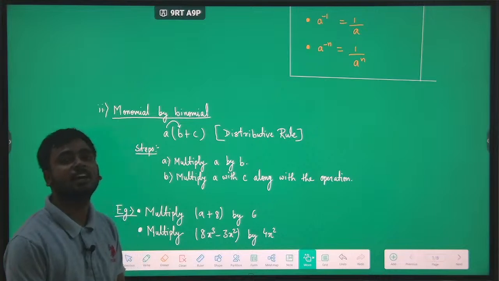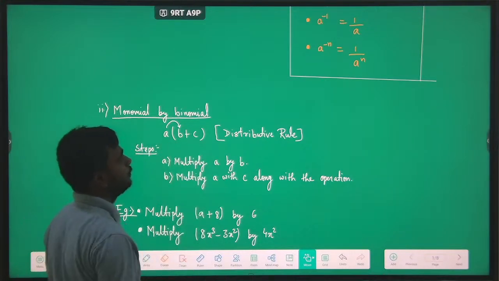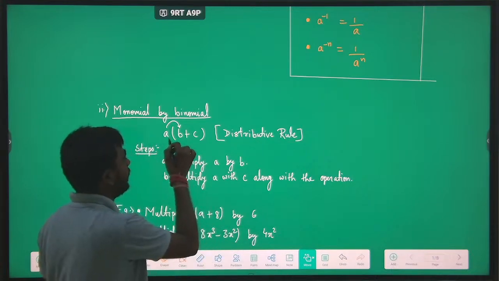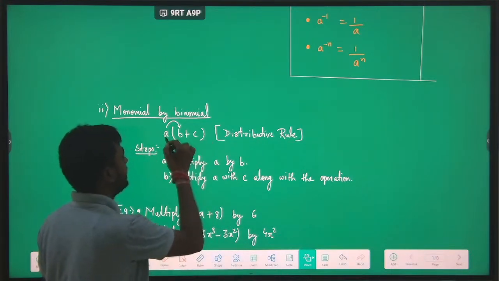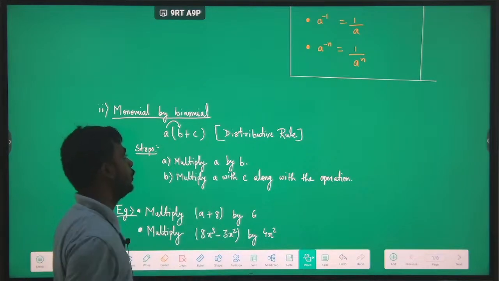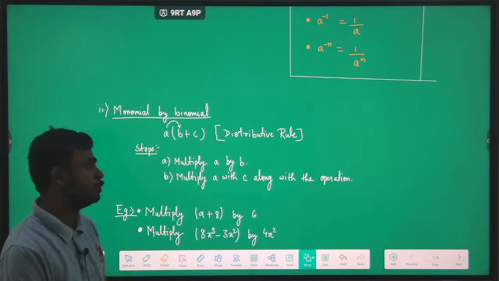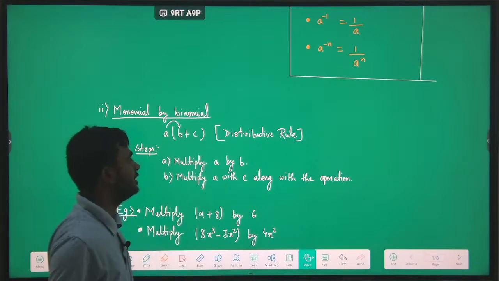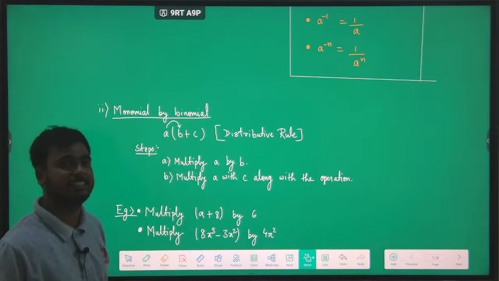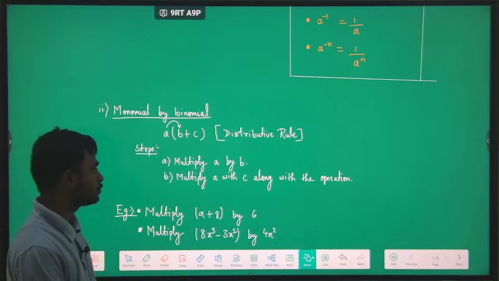We have studied it in our rational numbers chapter, that whenever a is multiplied with b plus c, it gives a into b plus a into c. This a is first multiplied with b, and after the addition symbol we write a multiplied with c also. So a into (b plus c) is actually ab plus ac. This rule is called the distributive rule or distributive law.